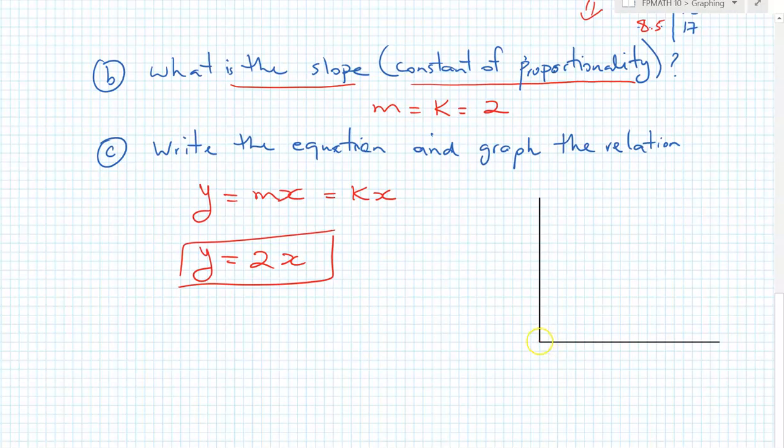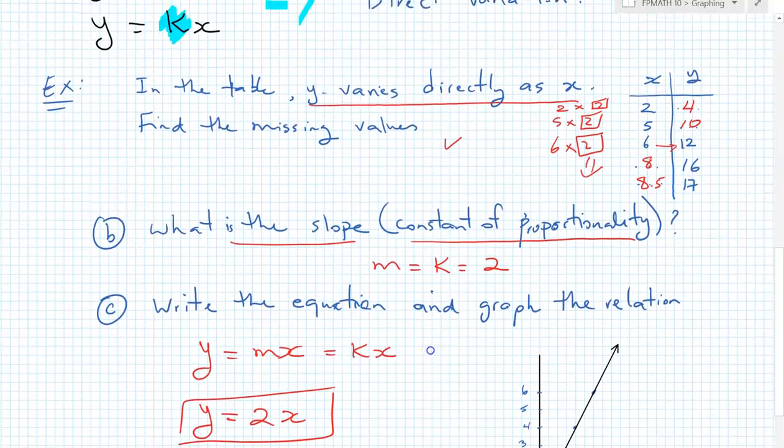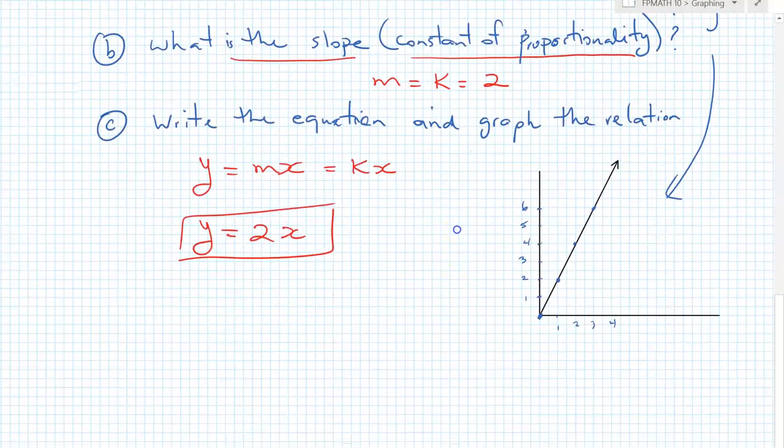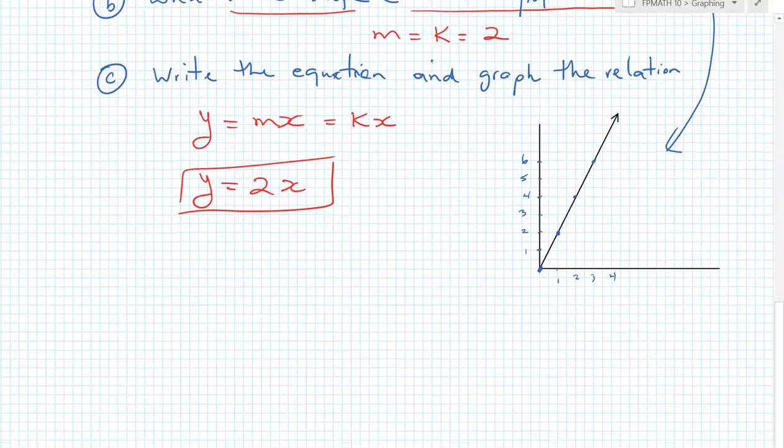You start at 0 always, and you go up 2 over 1, then create another point, and then draw a line. And here it is. You've got 3 points, 1, 2, 3. You can do more if you wish, but I just used some of the random points from the table of values that we got, which is right here, and then you plug it back in there, and then you'll be okay. All right, and that's basically it.